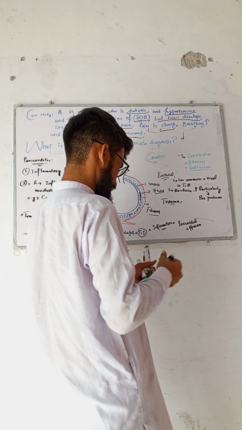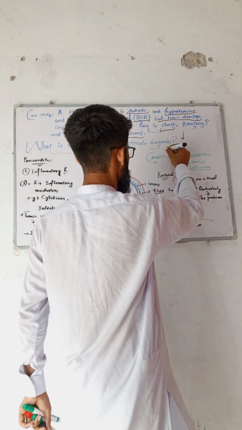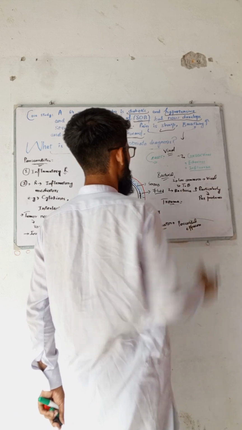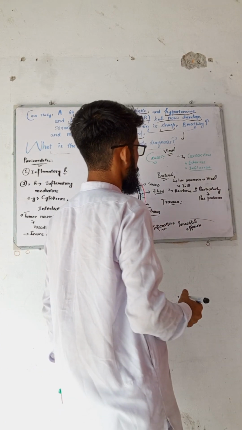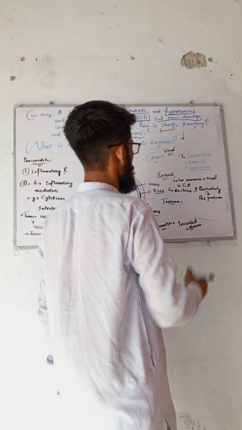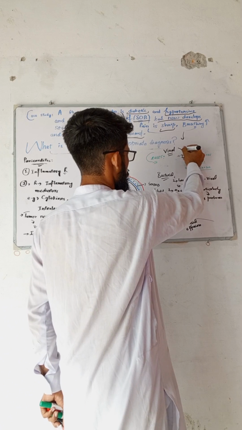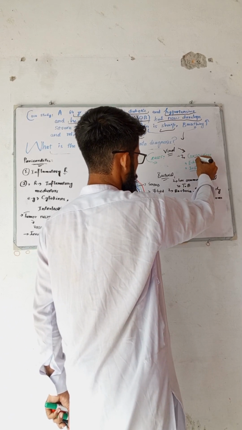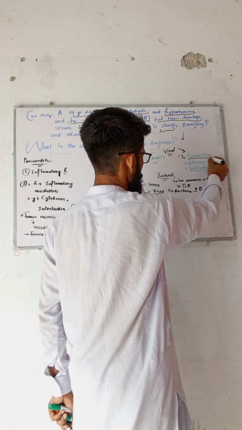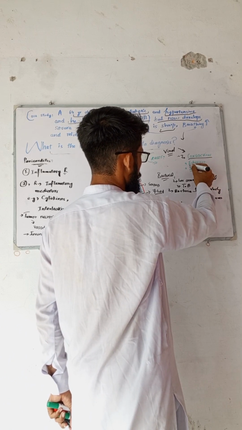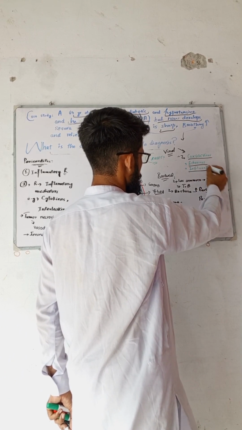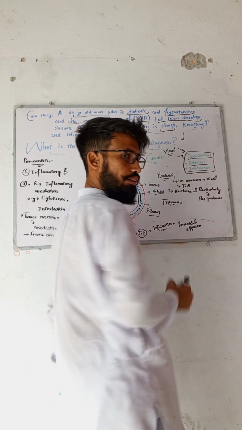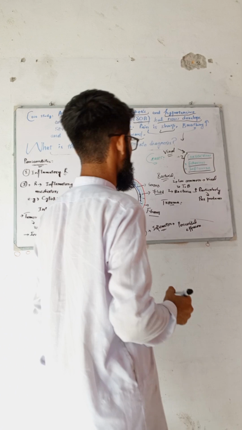Pericarditis can be caused by viruses. It can be viral. The most common viruses that cause pericarditis are coxsackievirus, echovirus, and influenza virus.